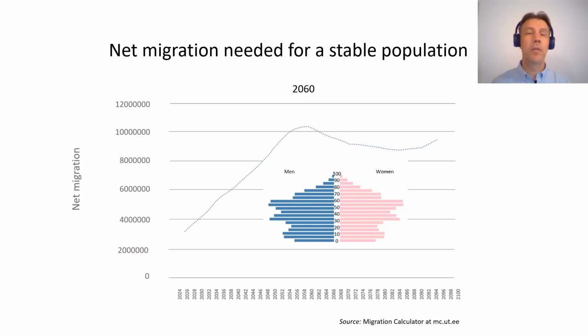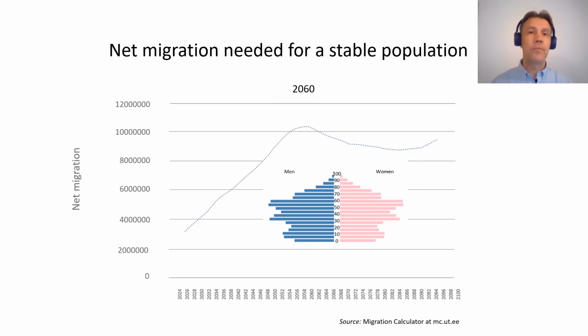Just to put it into perspective, there are altogether about 300 million migrants globally, which means that all the migrants would have to go to China, and it would still not keep the population of China stable. Or if each and every person from the United States of America would move to China, it's also not enough to keep its population number stable.